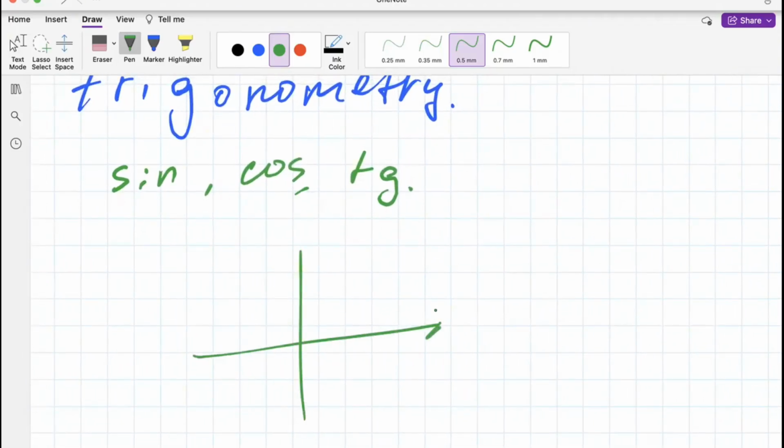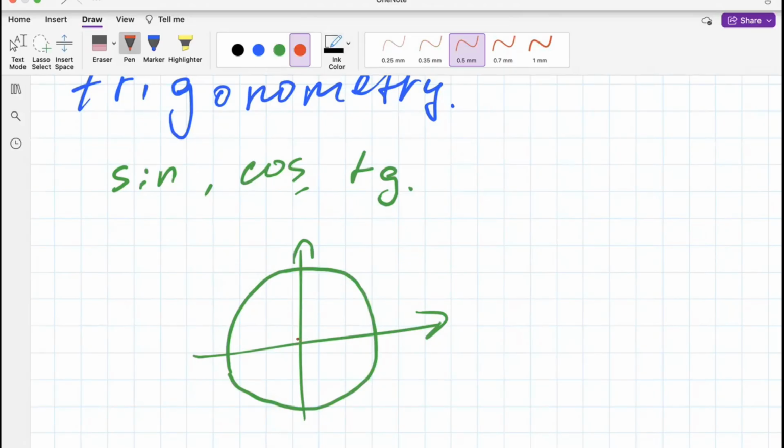Basically, we'll use the XY plane and build the unit circle. Unit circle is the circle which has the radius 1. And using this radius 1 and this angle, let's say alpha, we'll compute all sine, cosine, tangent values from 0 to 360 degrees.